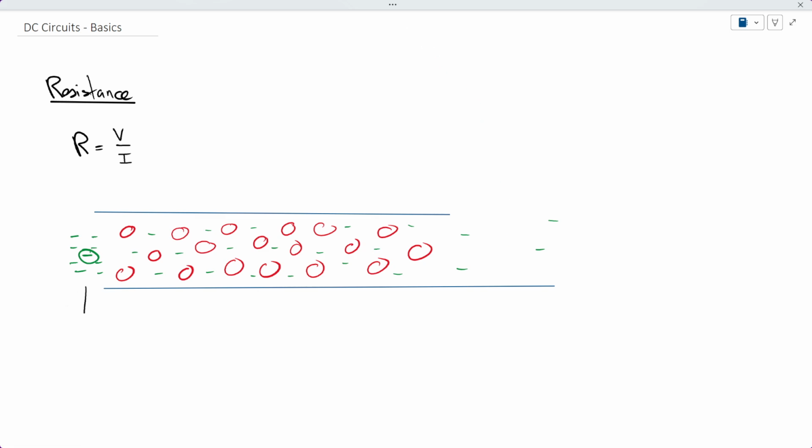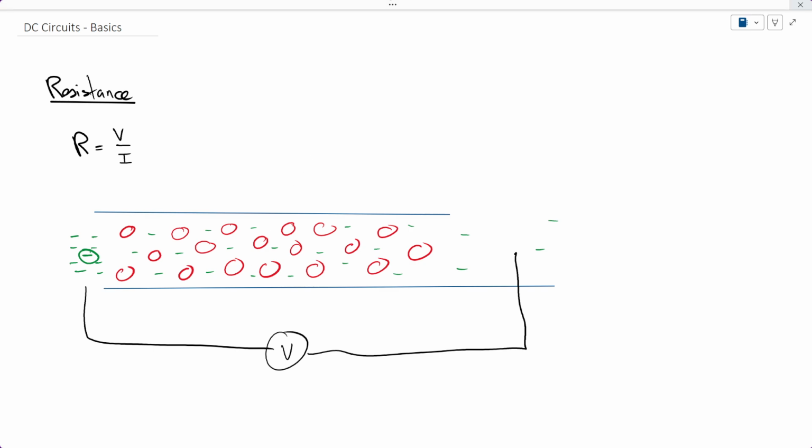So if I imagine having a potential difference between these locations in my circuit, the reason that exists is because there will be a difference in concentration of positive and negative charge. What that means is if I just consider this electron, or any electron that's in between these two locations, there will be a net force on that electron.